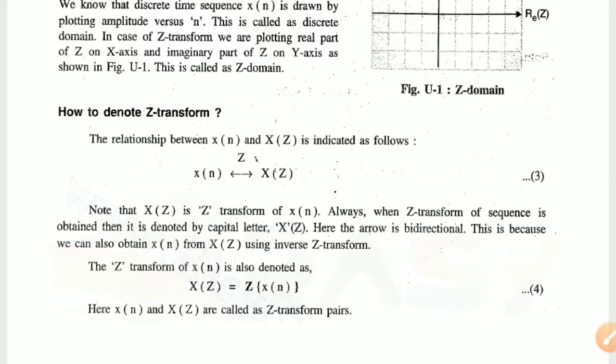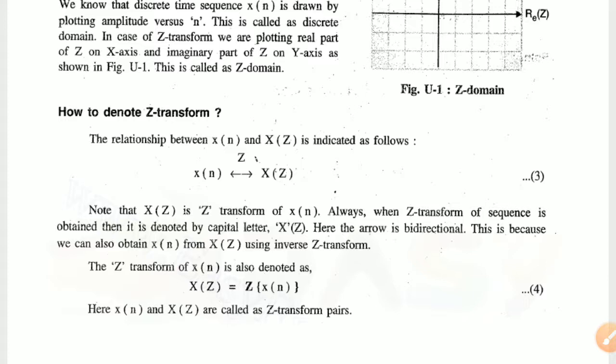There are two equations: the Z transform of x of n is equal to X of z, and the second equation is X of z is equal to the Z transform of x of n. So this equation shows that the Z transform of x of n is nothing but X of z. The relationship between x of n and X of z is indicated as follows.